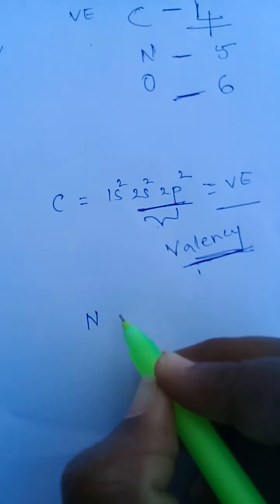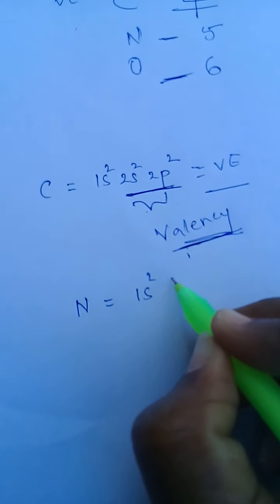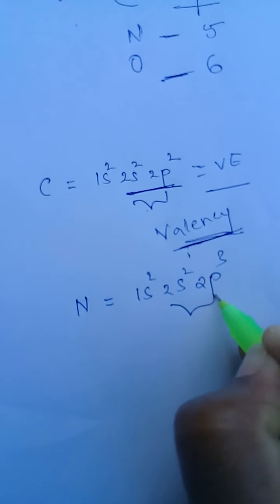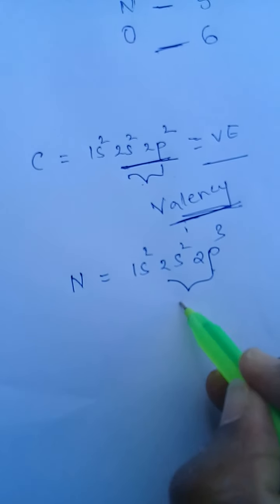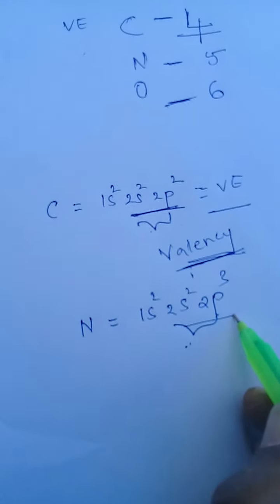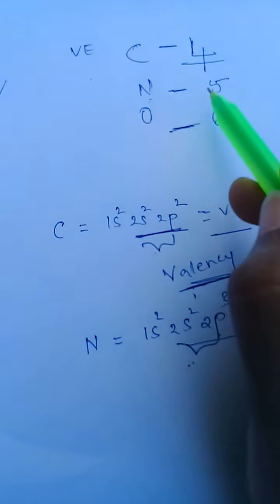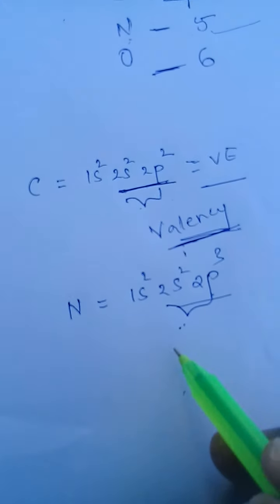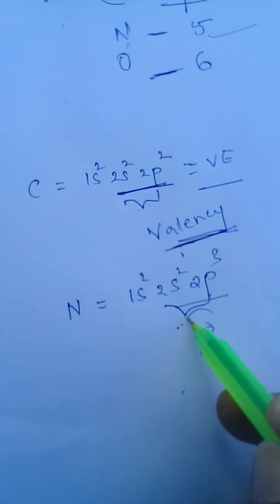And for nitrogen, 1s2, 2s2, 2p3. See here, how many valence electrons are in the outermost shell? 5 valence electrons. So nitrogen valence electrons are 5, but the valency for nitrogen is 3. Why?